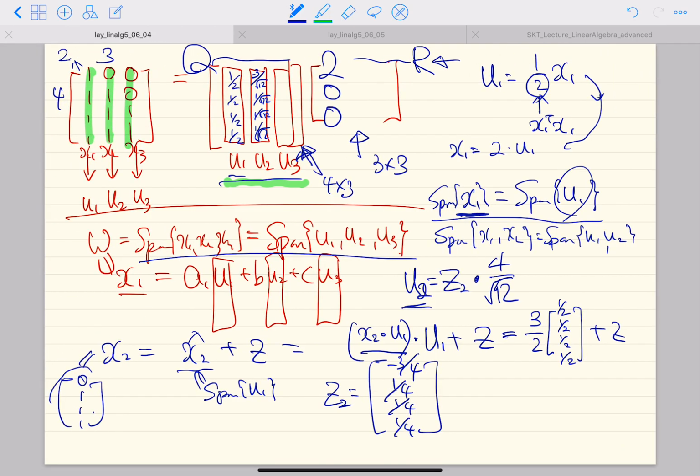Right, and now let's try to represent x2 as a linear combination of u1 and u2. Okay, so we have u2 over here, which is the normalized version of this z2.